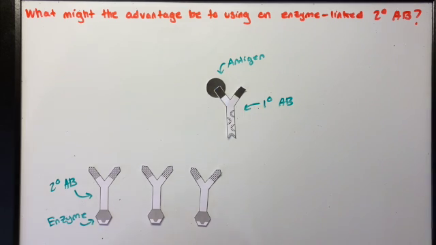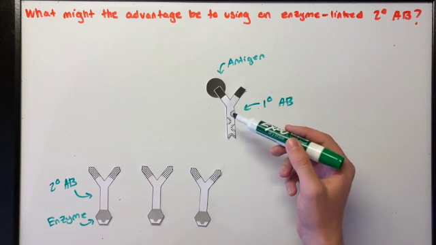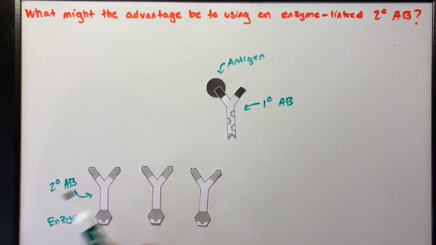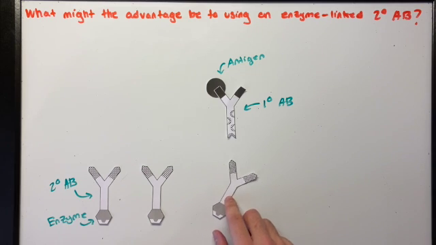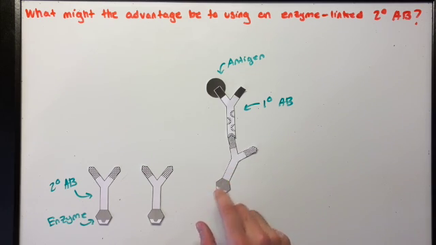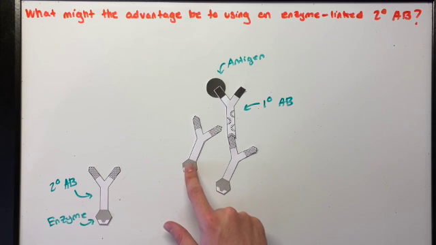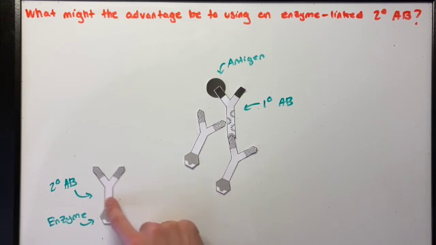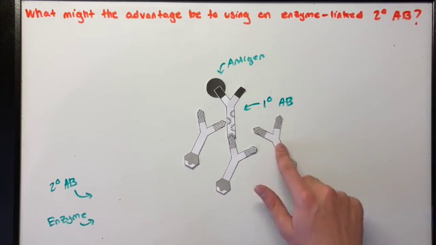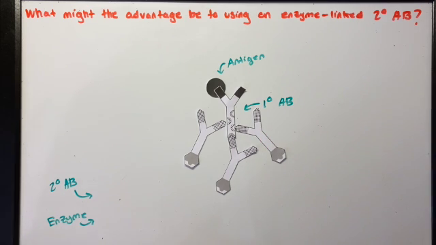This is because while only one primary antibody can bind to an antigen, multiple secondary antibodies can bind to a single primary antibody. As a result, these secondary antibodies work together to enhance the abilities of the primary antibody and allow for the primary antibody to bind to the antigen better and allow for its signaling to become improved.